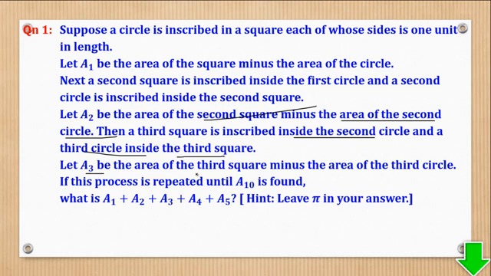Let A3 be the area of the third square minus the area of the third circle. If this process is repeated until A10 is found, what is the value of A1 plus A2 plus A3 plus A4 plus A5? Leave pi in your answer.